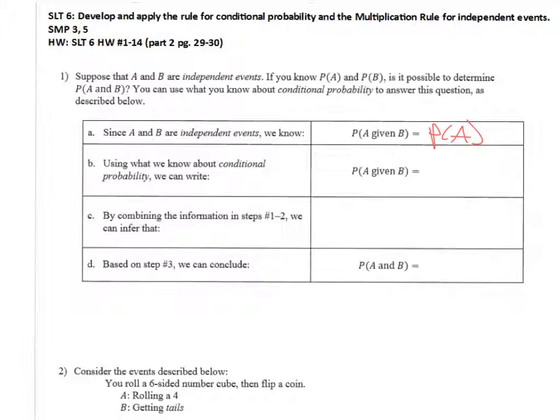Now, going back to the definition we just wrote on the prior page, we said that the probability of A given B is the probability of A and B all over the probability of B. So if we look at these two steps, the same probability equals two different things, so we can set them equal to each other.